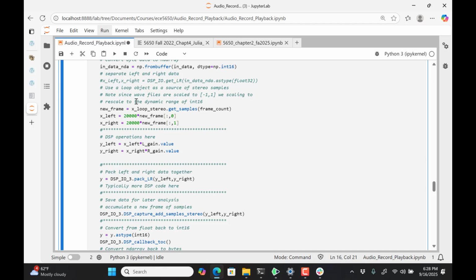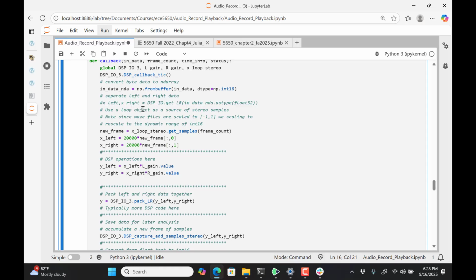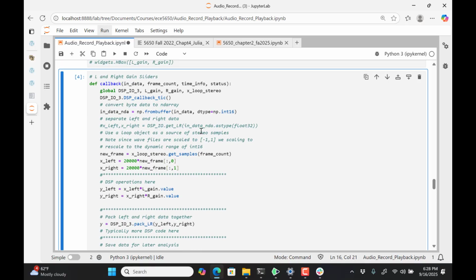This will get explained more when you do the project, but right now the main thing that I'm doing is a frame is coming in, and I'm getting it from this object here called XLoop Stereo, and it grabs a frame count of samples to act like it's the frame count of samples that the audio system's bringing in from the microphone. But I'm faking it.